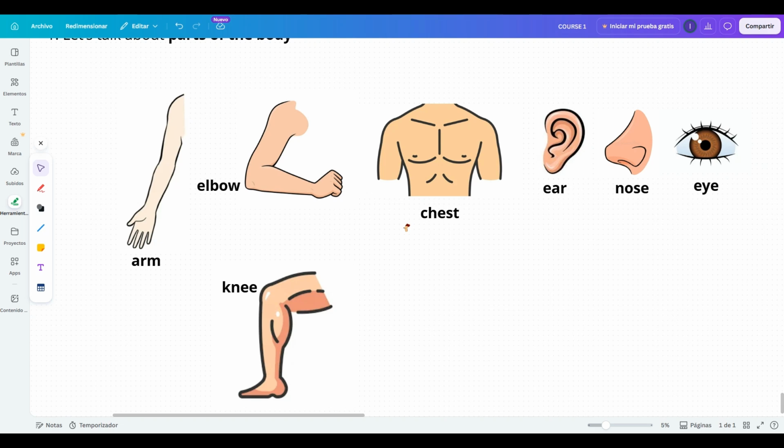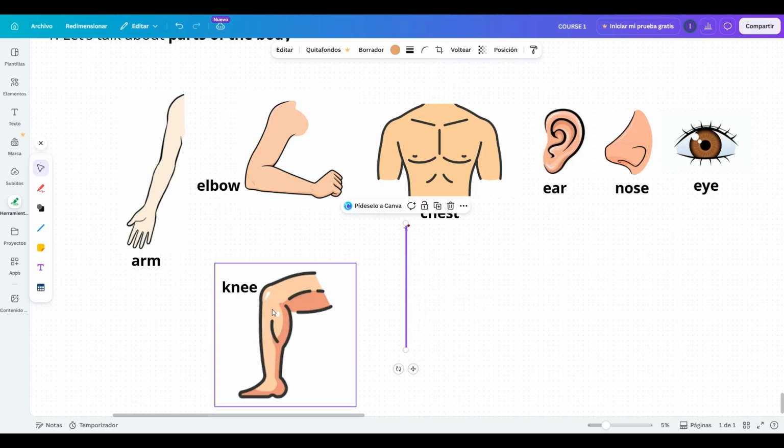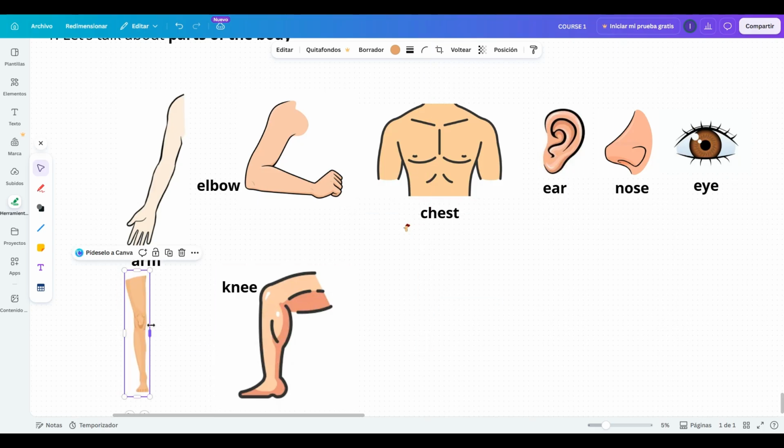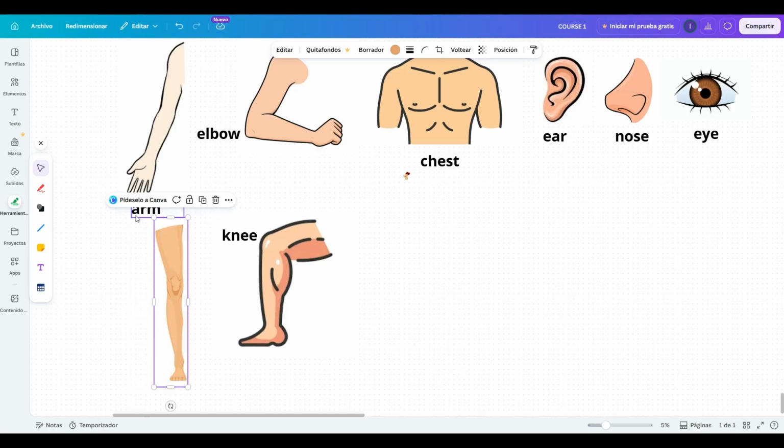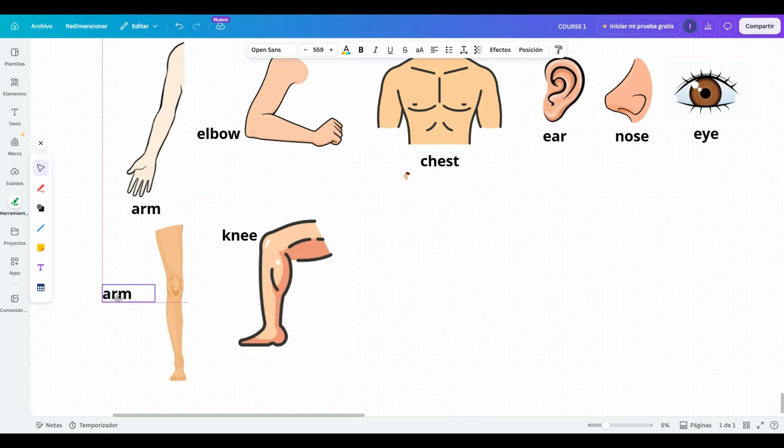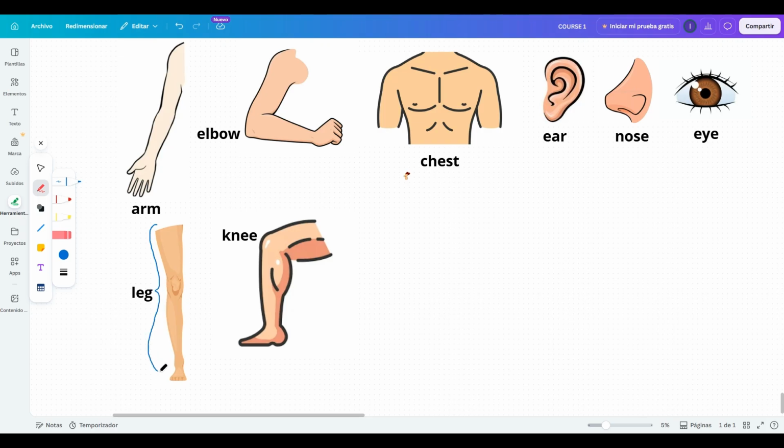Give me one minute. Yes. This is a leg. Okay. That's a knee. And this is a leg. Oh, come on, what happened? This is a leg. A knee. And see here, a leg. A leg and a knee. Leg, the whole one. This is the leg. And this part is the knee.